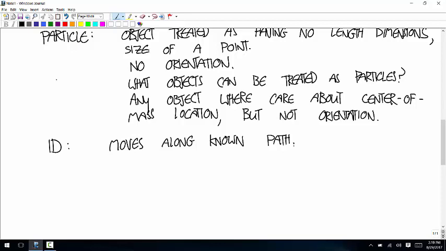And so if something's on a given path, at any instant it only has two choices of a direction it can go. So at any point, it can only move forward or back.